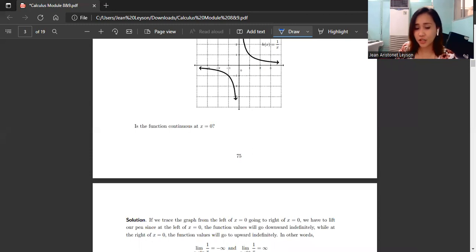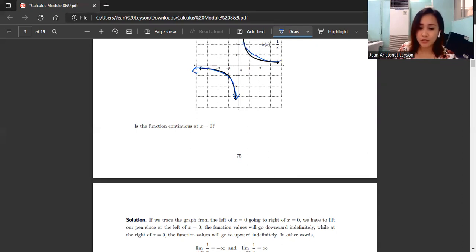Since at the left of x is equal to 0, the values will go downward indefinitely, while at the right of x is equal to 0, the function values will go upward indefinitely. So if you draw this graph right here, you need to lift your pen so that we can draw the other part of the graph on top.